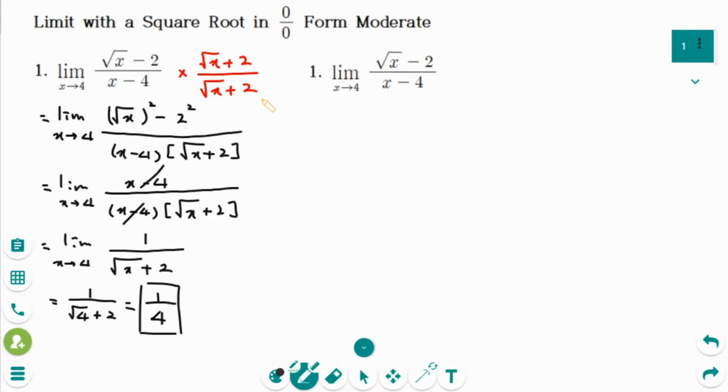The second way is factoring with substitution. Let square root of x be a, then square each side. x equals a squared.